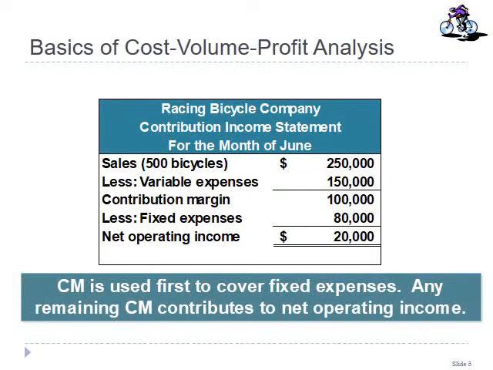So the other definition of cost volume profit analysis, which we just discussed: if you don't understand that example over there, don't worry about that. We're going to talk about it extensively in our coming slides. Here it is. Contribution margin is used first to cover the fixed expenses. So any remaining contribution margin contributes to the net operating income, right?